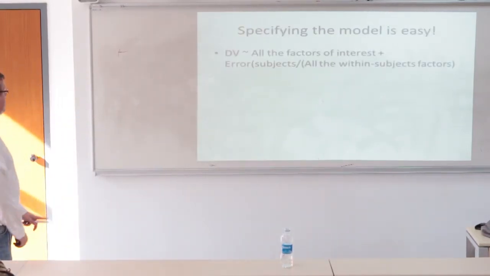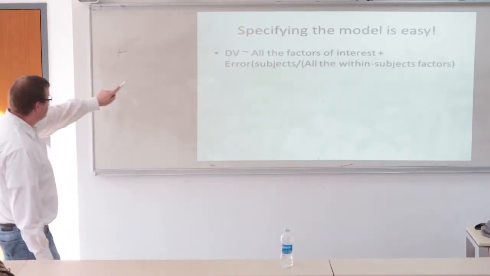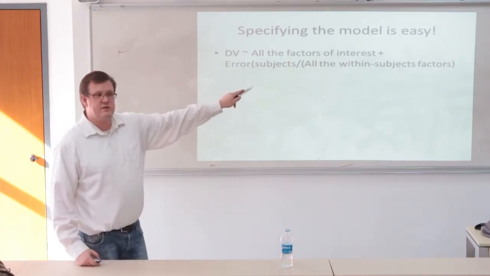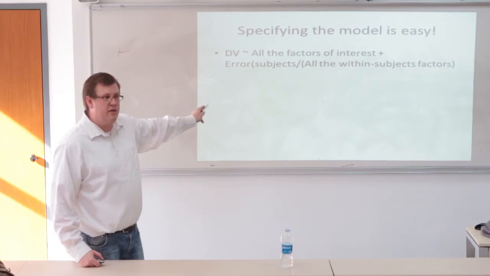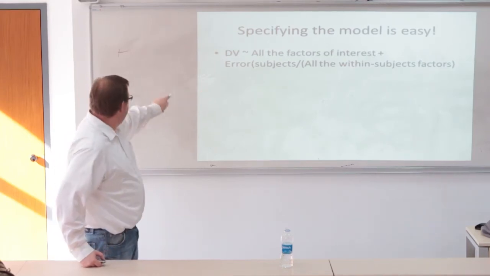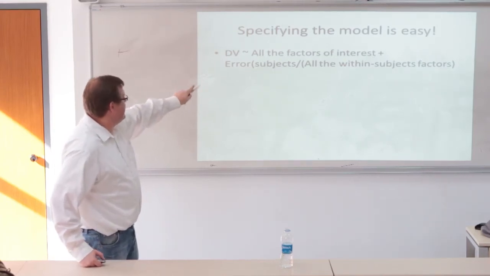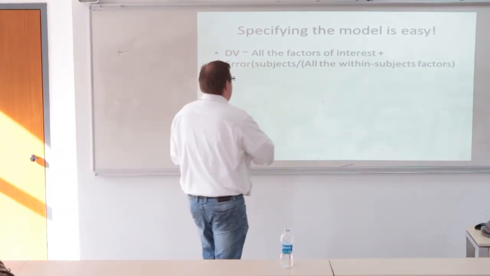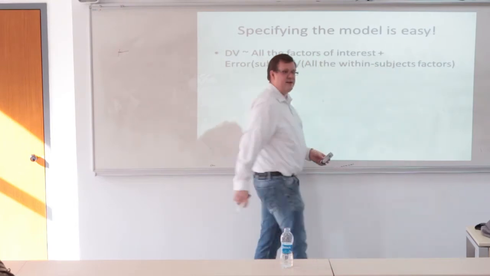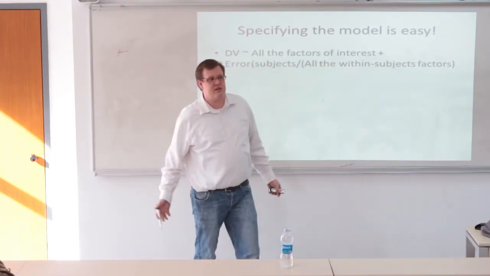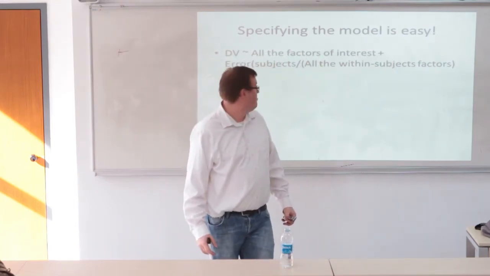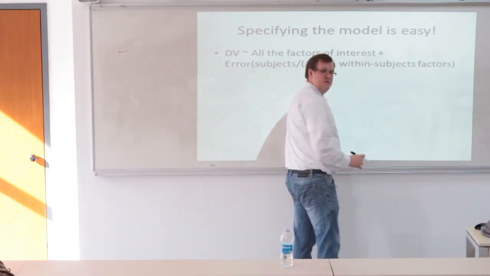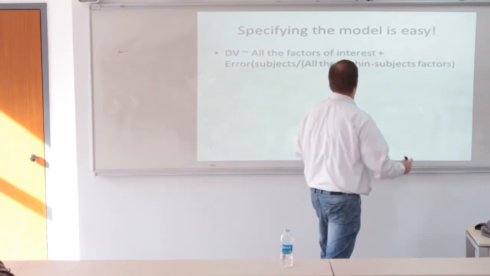Let's see what it is. Boom, here it is. So our degrees of freedom is modeled by all the factors of interest. That's exactly what we wrote up there before. By all the factors of interest, plus error, which was our subjects nested within something. All the within subject factors of interest, you could say. Within subjects, just putting the words together, no subtraction.